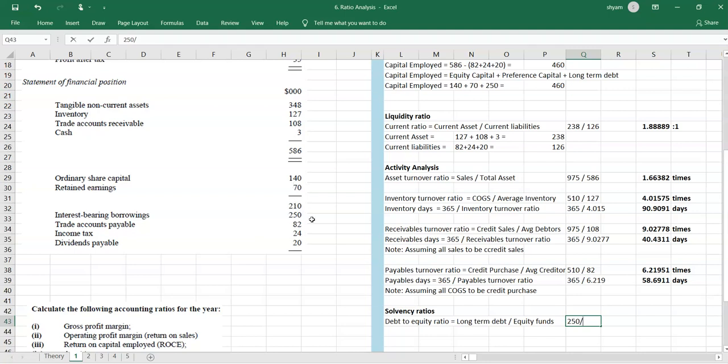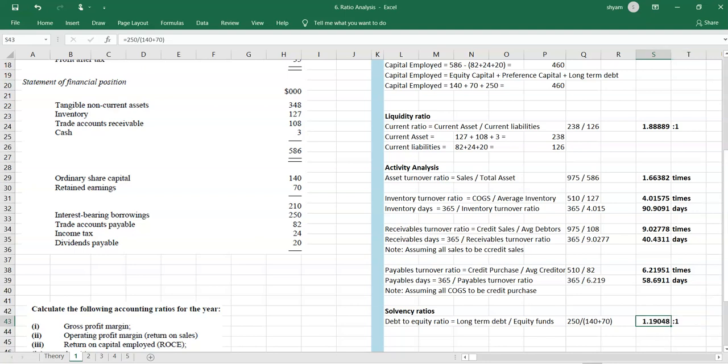This is 140 plus 70. So if you want, I will put 140 plus 70 so that you will get the answer. So this answer is represented as "is to 1." So it is 1.19 is to 1.